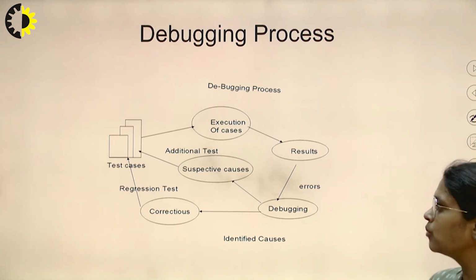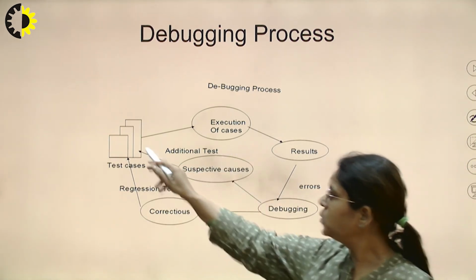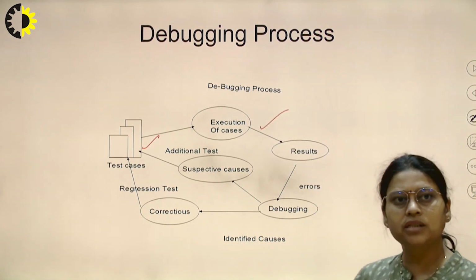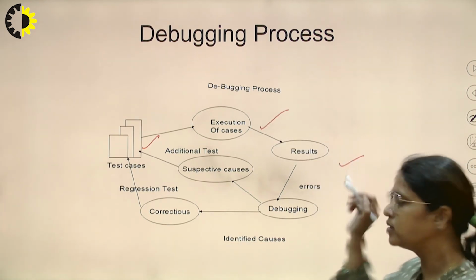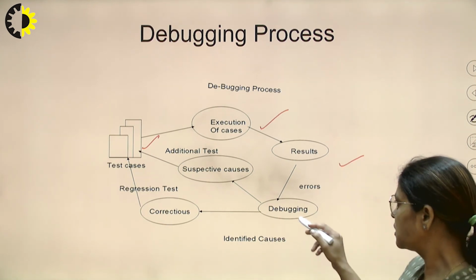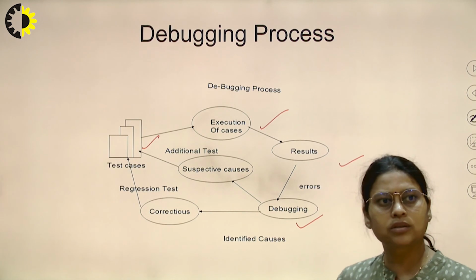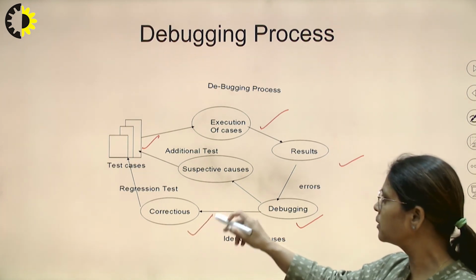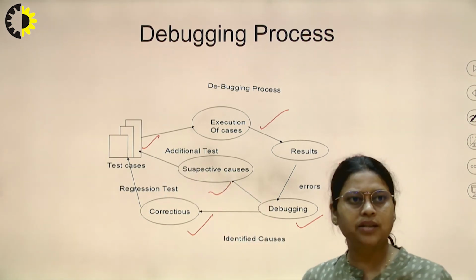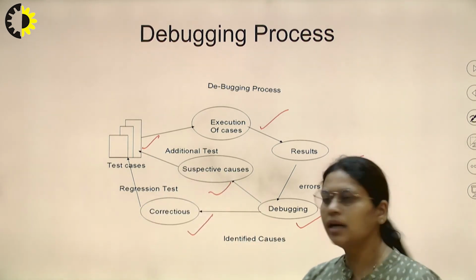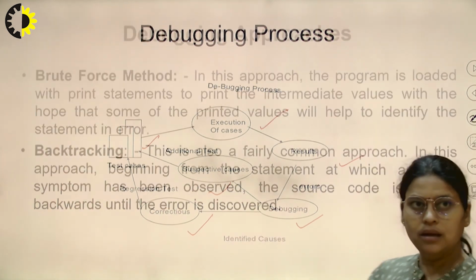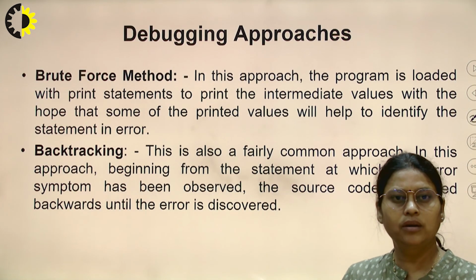We generate some test cases, execute these test cases, and get some results. Then we apply the debugging process to correct the errors. If there are suspected cases, then we add some additional test cases and apply regression testing on this process. This is the whole process of debugging.